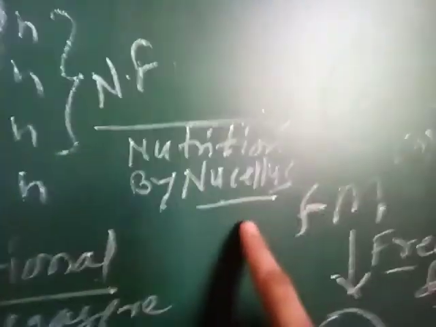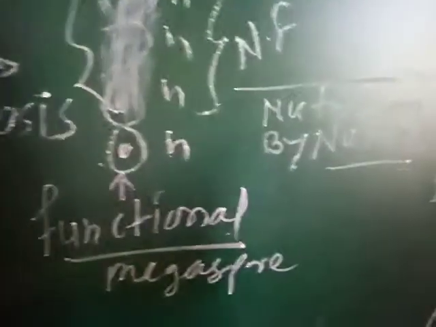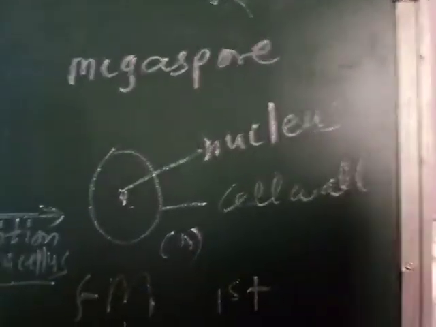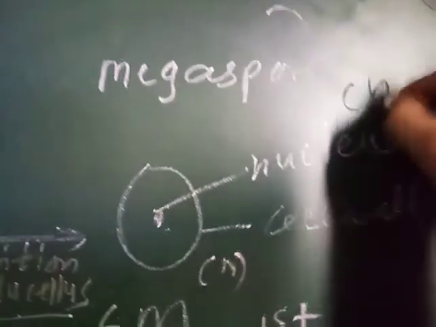So nutrition by the nucellus is provided to this functional megaspore cell, and this megaspore cell increases in size. Here this single nucleus cell is haploid.